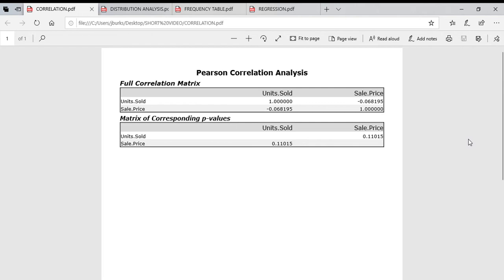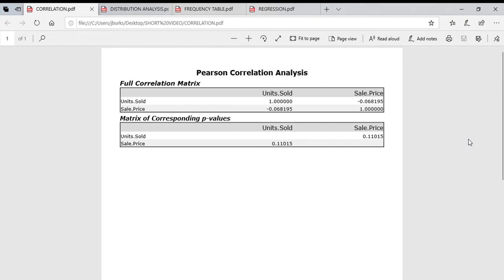Okay. Now, I also looked at the p-values, and what we have in front of us, we're looking at the units sold again, and the sale price. The p-value lets you know if the coefficients are statistically significant.